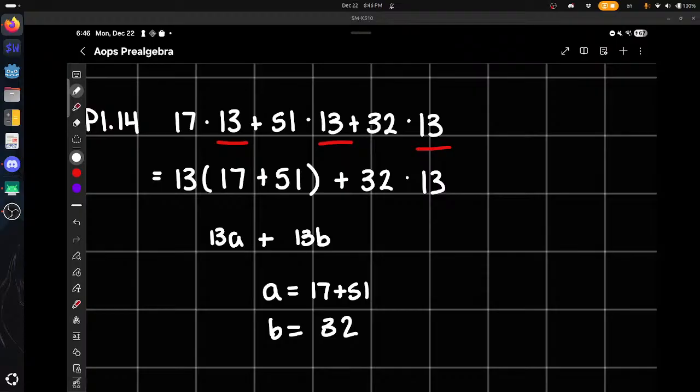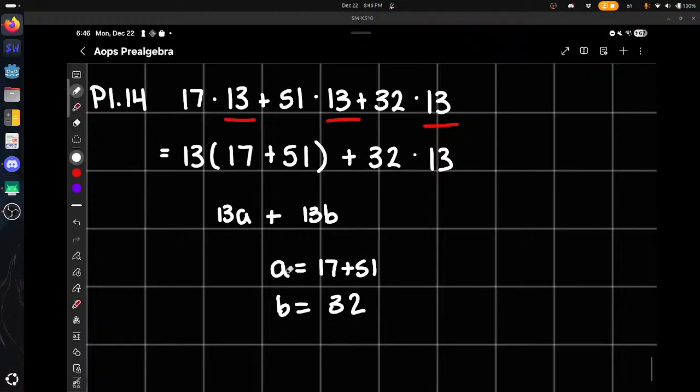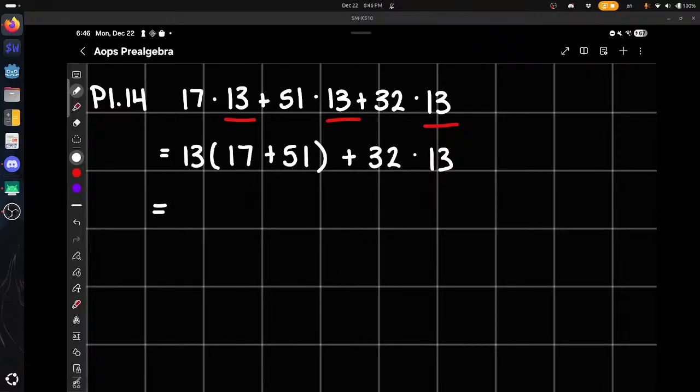Then we'll see that 13A plus 13B, well, we can then use that same process again, that distributive property, to get the same answer. So when we see it like that, we can say, okay, 13 times this whole expression, combined together, 32. We can remove that 13. We can now add the numbers that are grouped.